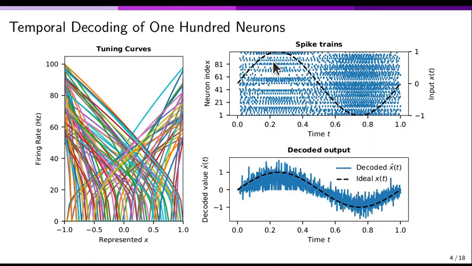If I make my time step smaller and smaller, then the vast majority of the time no neurons are spiking. I'm only ever going to have at most one neuron spiking during one time step. Most of the time I'm going to have all zeros in my activity, I'm going to multiply that by my decoders and get 0 out, and every now and then I'll have one neuron spiking and I'll get some decoded value.